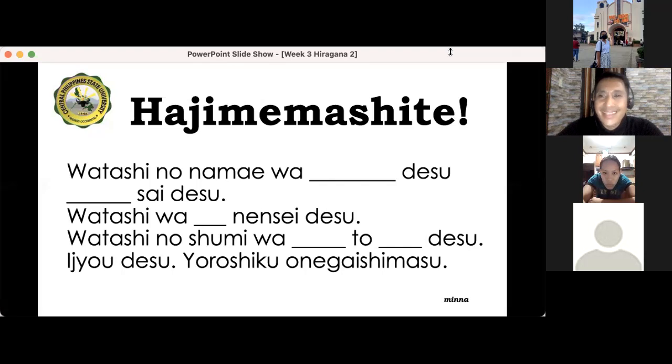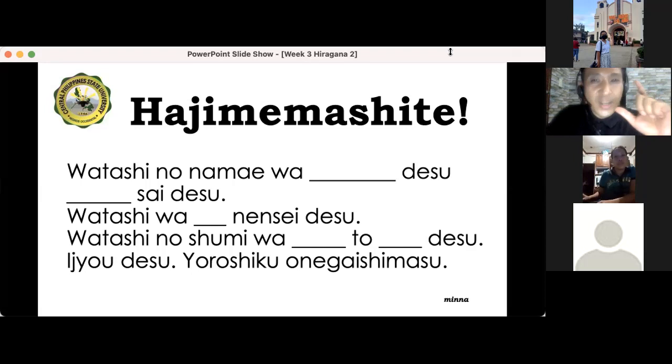Again, desu is not pronounced as desu. Again, the su in the end in Japanese is actually not stressed. Hindi po siya sinistress. That's why we pronounce it as des.